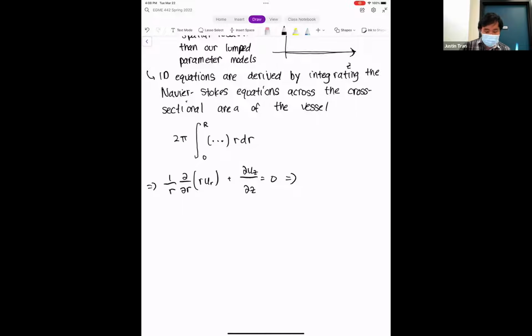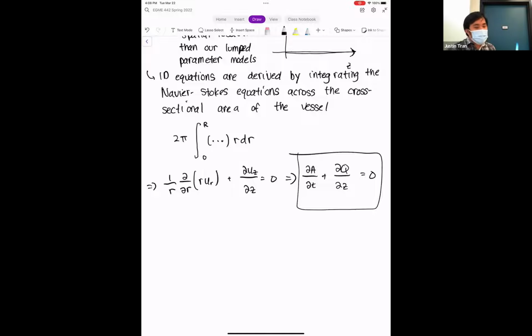After we applied this methodology where we integrate with respect to r, we end up with the following equation: partial A partial t plus partial Q partial z is equal to 0. And so the equation on the right is what we obtained by integrating our conservation of mass across the cross section. We were able to finish that, but we were right in the middle of doing the same thing for the momentum equation.